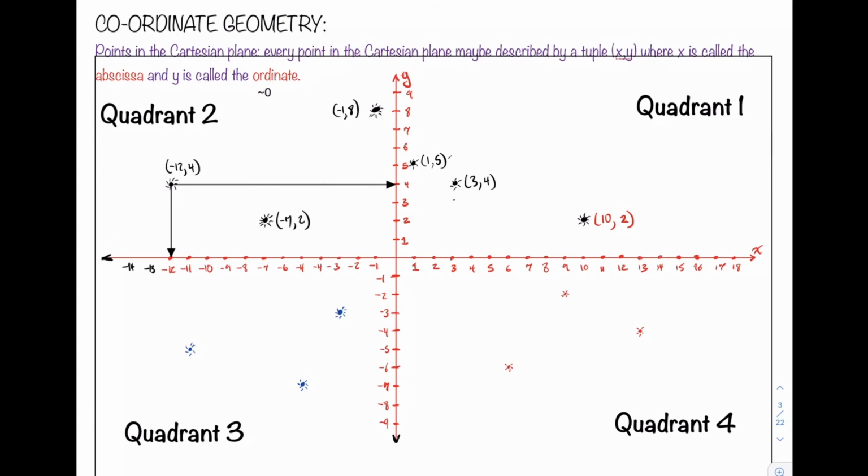So let's jump into our third quadrant. And now we have this point right here. Let's see if we can identify this one. This one seems to be -3, -3. Right, and let's see if we can do this one. This one seems to be -11, -5.